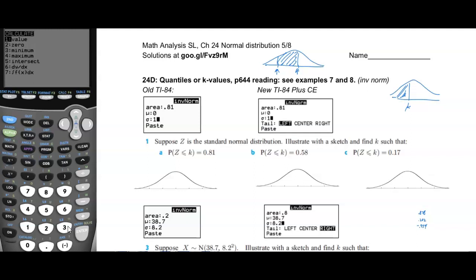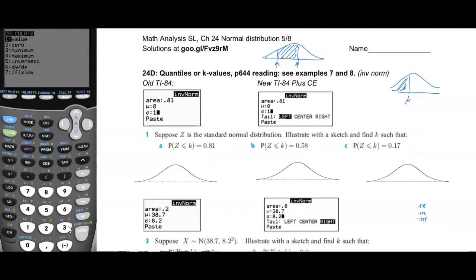Okay, so number one, suppose that Z is the standard normal distribution. So remember, that means that the mu value is 0 and the sigma value is 1. Illustrate with a sketch and find K such that the probability that the random variable Z is less than K is equal to 0.81. So I'm going to say, okay, maybe it's like this.